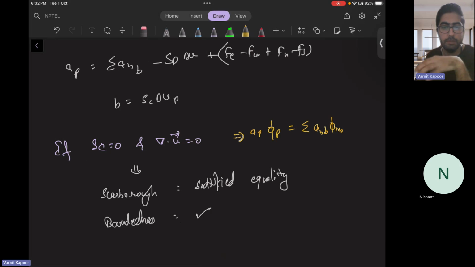So we have developed a new scheme which satisfies the Scarborough criteria as well as boundedness, which is much better than what we had before, where coefficients were coming out to be negative in UDS. So what can you say here? Unlike the central differencing scheme, where the mesh is restricted by the Peclet number condition, the upwind differencing scheme is quite diffusive.